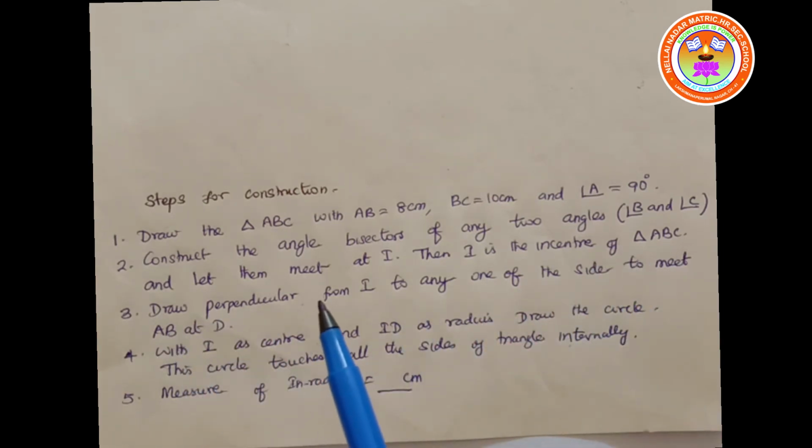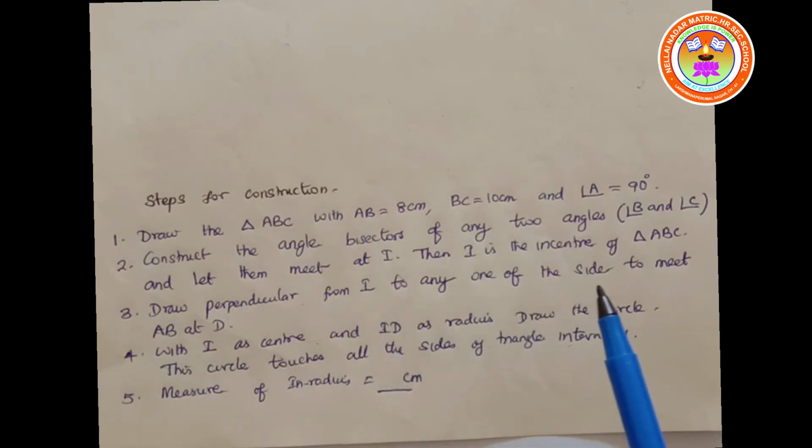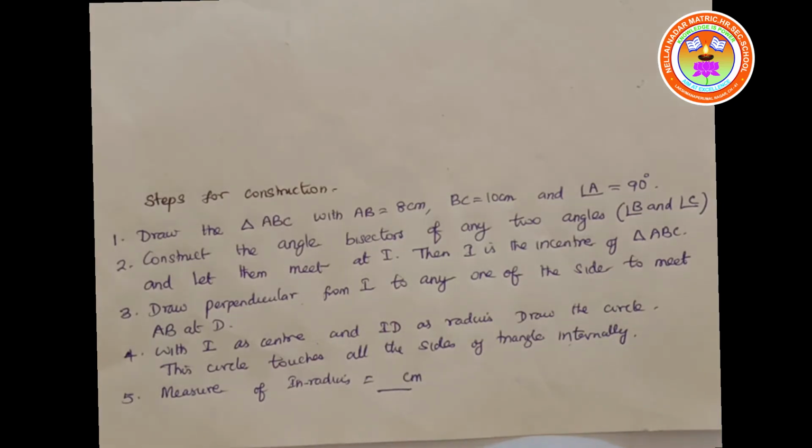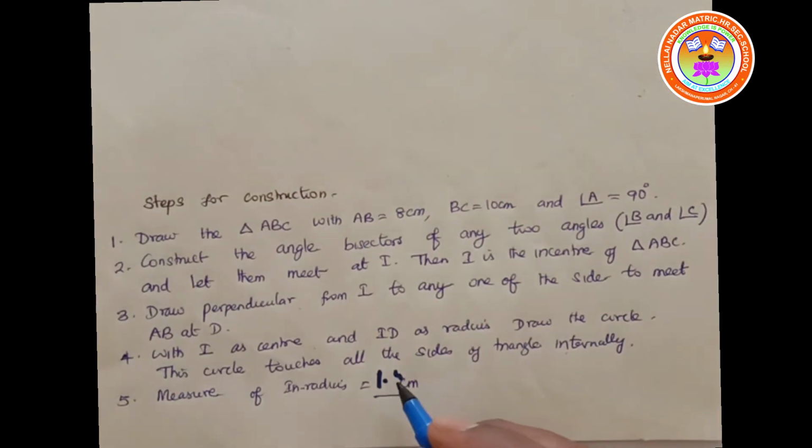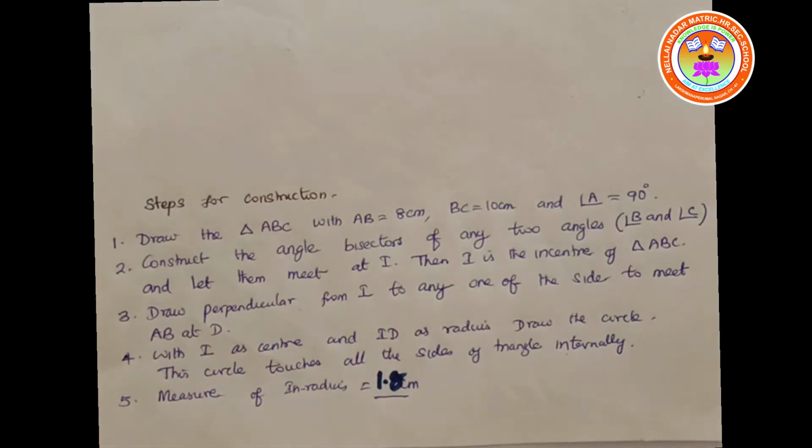Draw the perpendicular from I to any one of the sides to meet AB at D. With I as center and ID as radius, draw the circle. This circle touches all the sides of the triangle internally. Measure the inradius. So inradius equal to how many centimeter? 1.8 centimeter. It's clear, children?